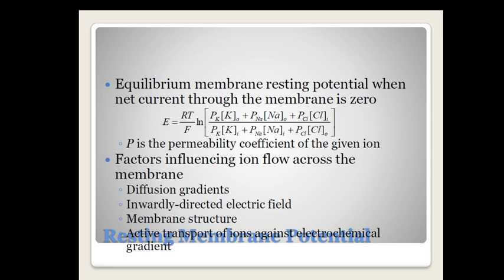It's the Nernst equation. P is the permeability coefficient of the given ion. Factors include ion flow across the membrane, diffusion gradients, inwardly directed electric field, membrane structure, active transport of ions against the electrochemical gradient. This is about our Nernst equation, and the remaining we will discuss in our next class.